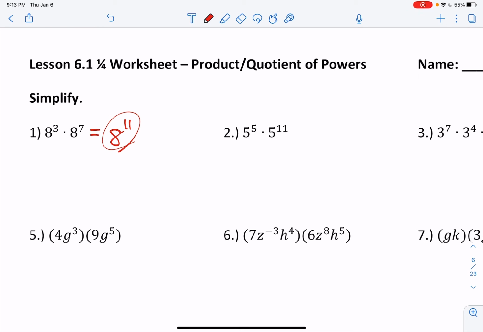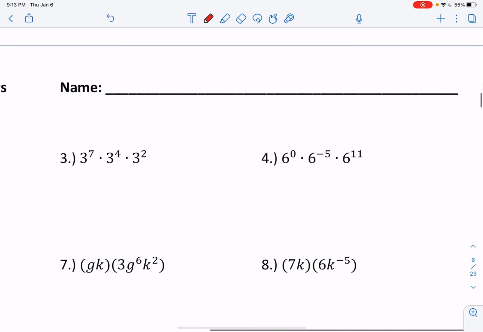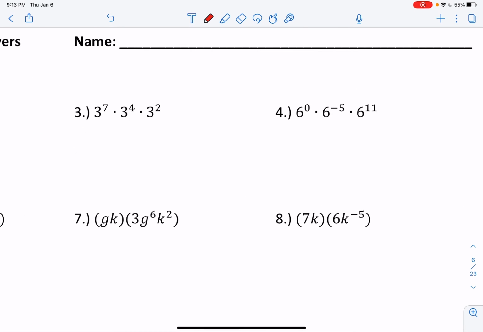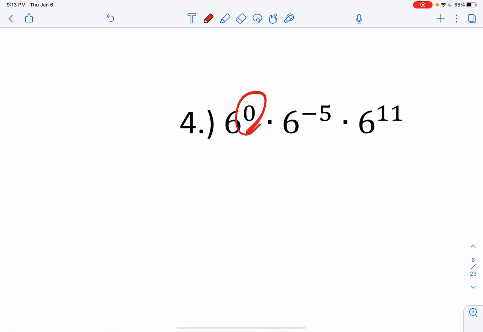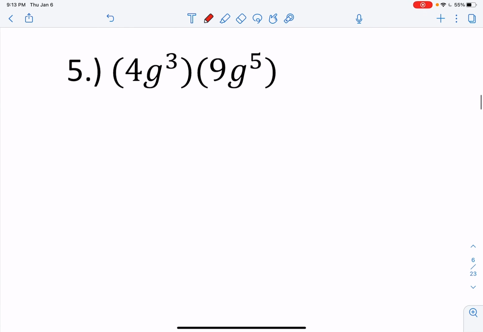And yes, on these, there's not really a whole lot of work to show. Do the same thing for 2 and 3 and even 4. Remember, no 6's there, that's 0 6's, and then you just add -5 and 11, just like you did with the positive numbers. Now these, take 4 times 9.